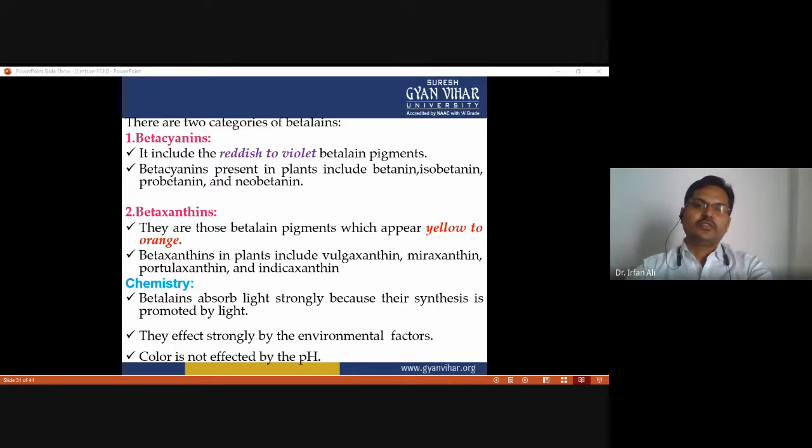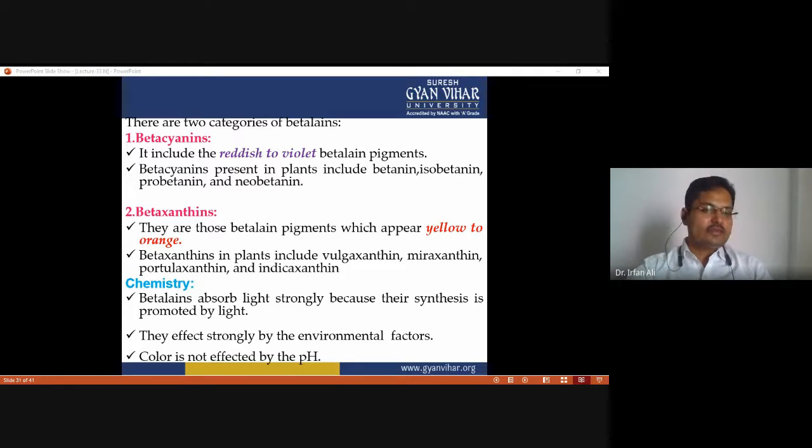So these are the betacyanins which have reddish to violet color, and betaxanthins are betalain pigments which appear yellow to orange in color, and betaxanthins in plants include vulgaxanthins, miraxanthins, portulaxanthins, indicaxanthins. So these are the various betaxanthins that have been reported in plants.